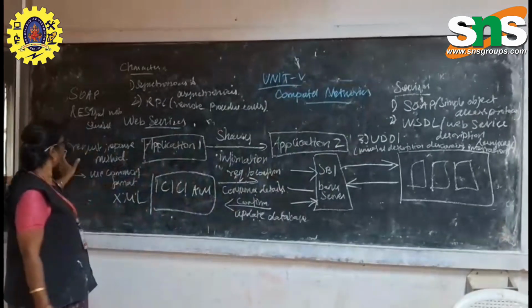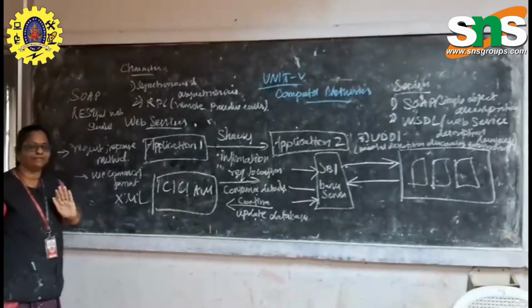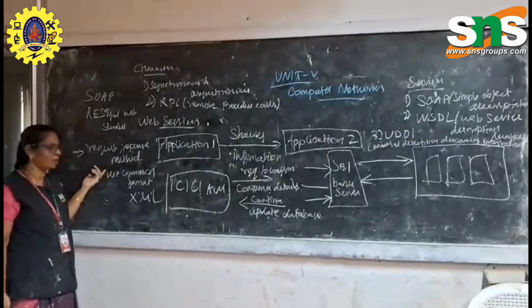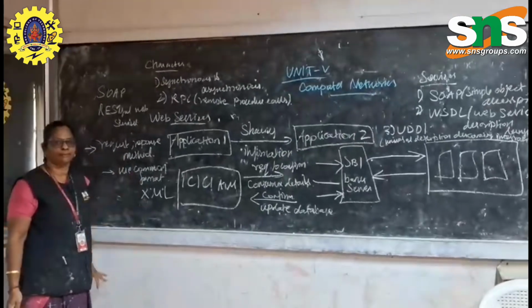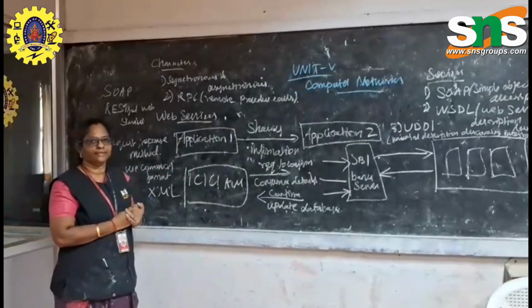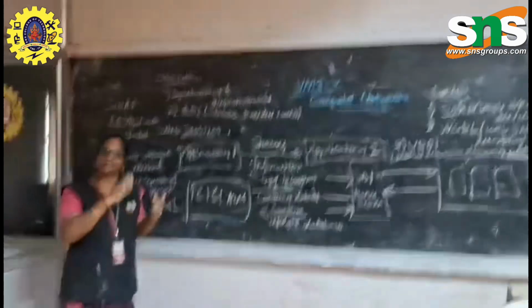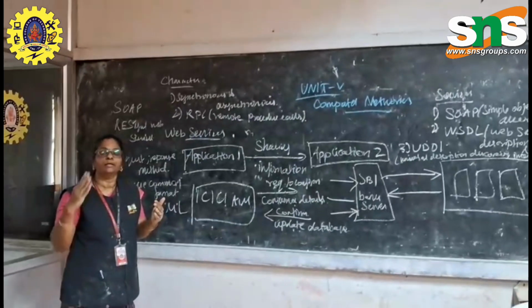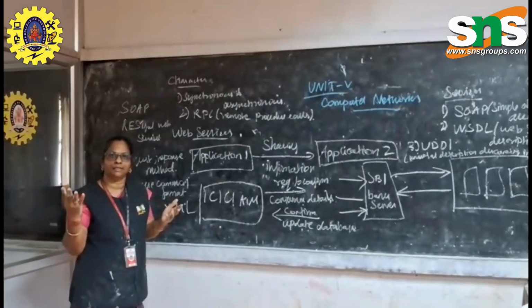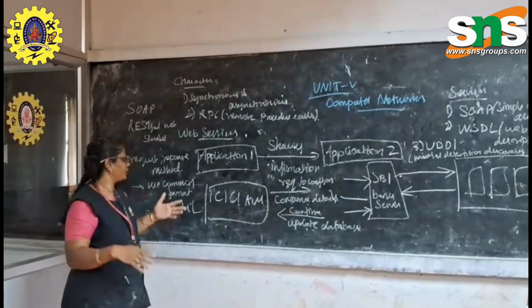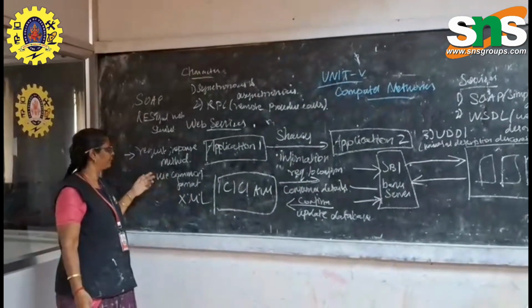In web services, we use a certain method called the request-response method. From application 1 we send the request to application 2, then we retrieve the data from application 2 and send it to the server.